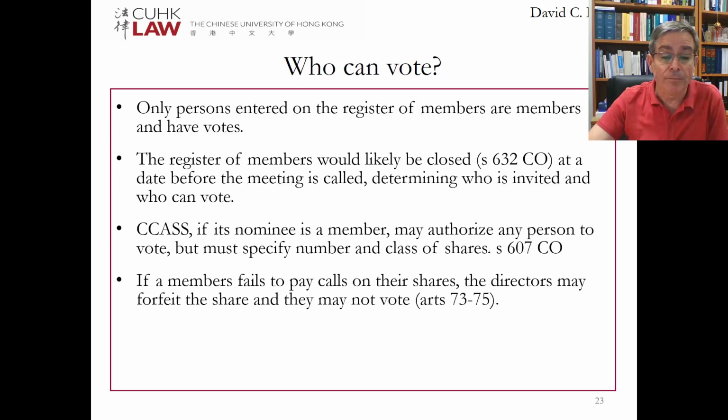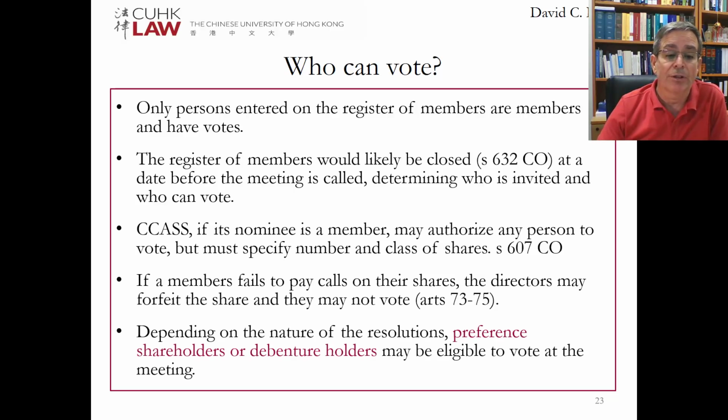For an unlisted company with partially paid shares, it may be possible to call more payment on the shares. If those payments are not made, then it is possible to forfeit the votes and also dividends on those shares.